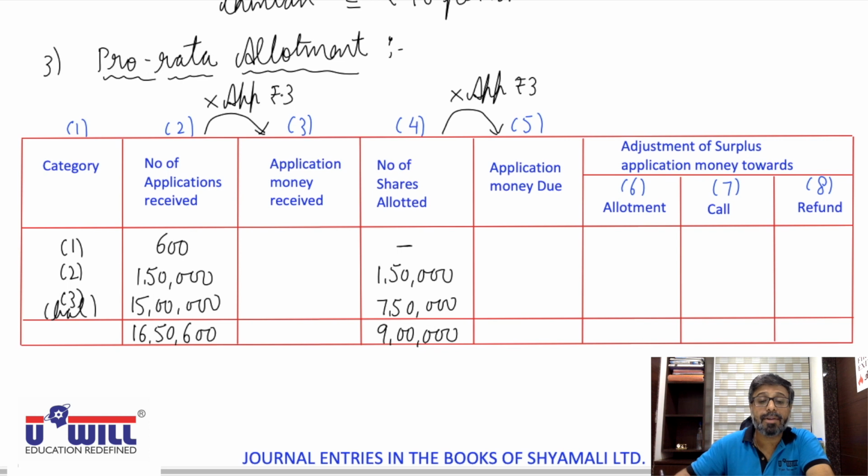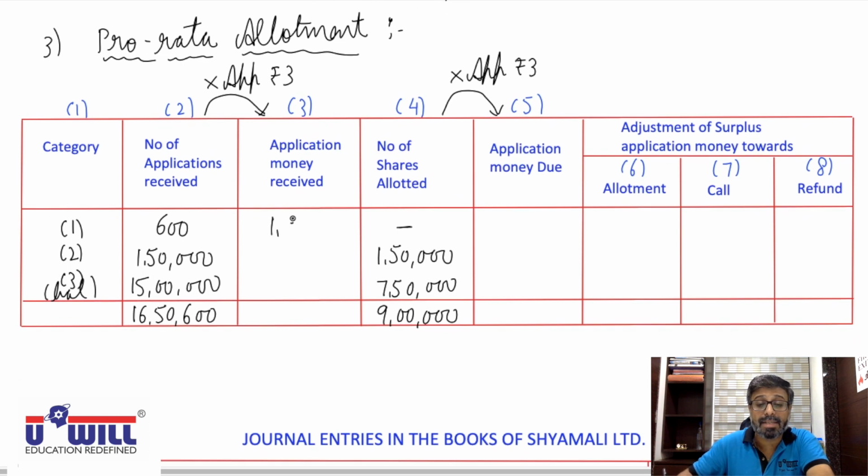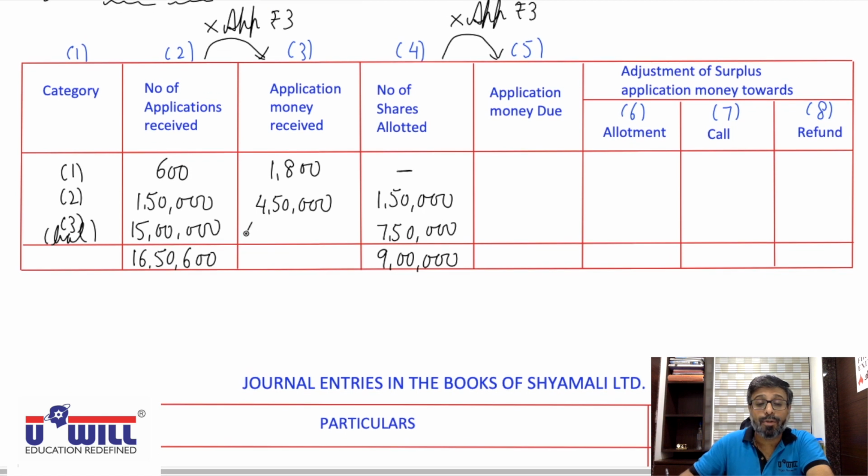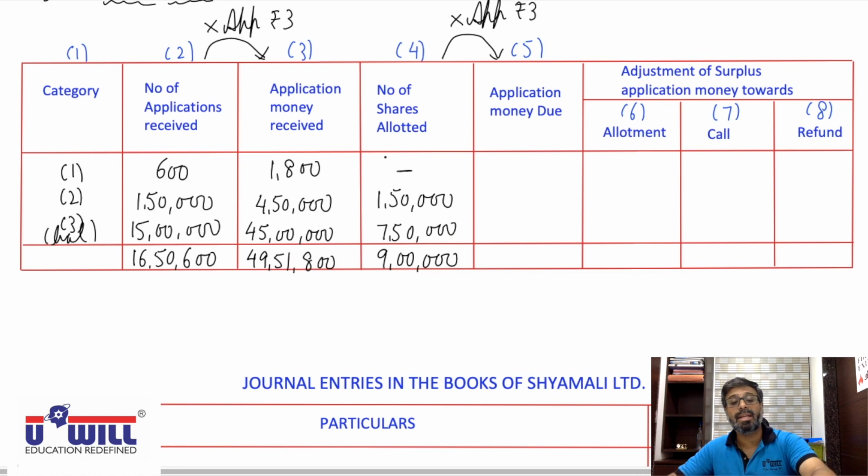So 600 into 3, 1800 is received here. 1,50,000 into 3, 4,50,000 is received here. And 15 lakhs into 3, 45 lakhs is received here. 51,800 is the total application money received, which even if you do 16 lakh 50,600 into 3, you'll get the same.